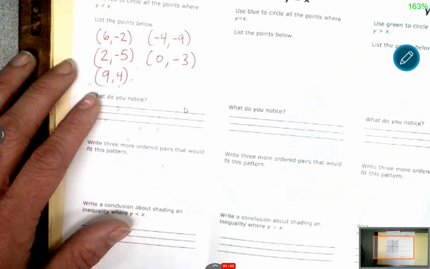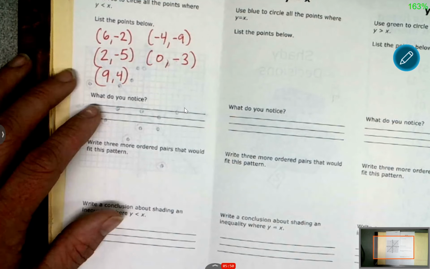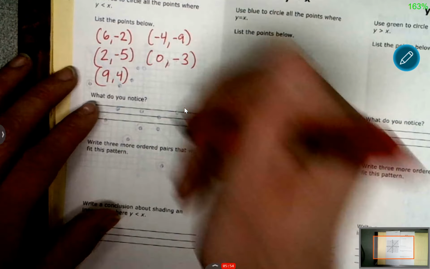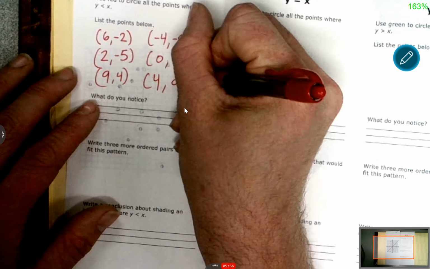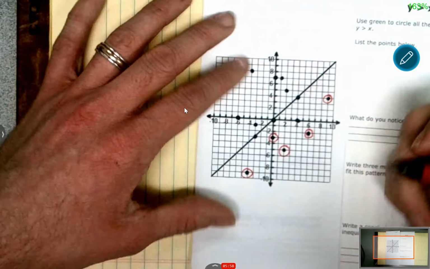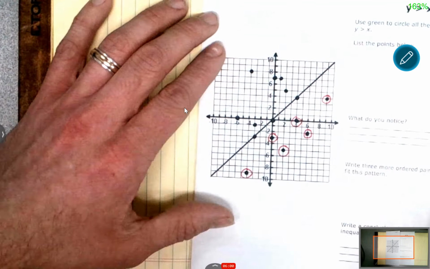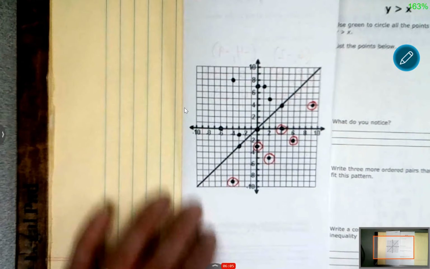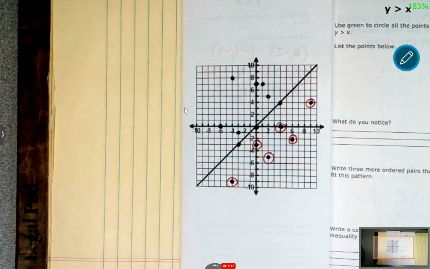Kaiser? 4, 0. Okay. All right. So, those are our points. We put them on, and then we circled the ones where y is less than x.